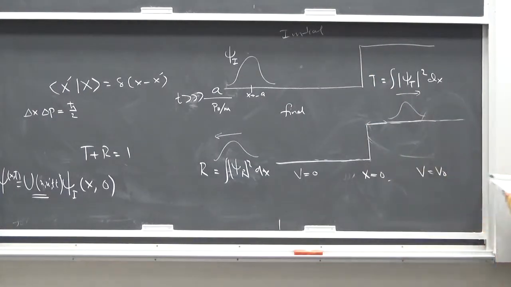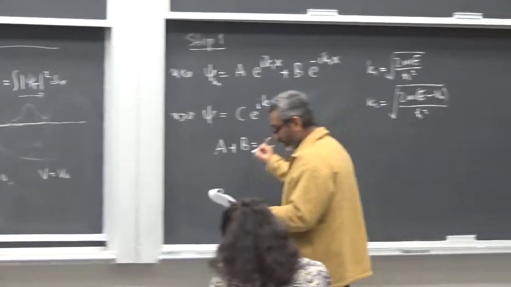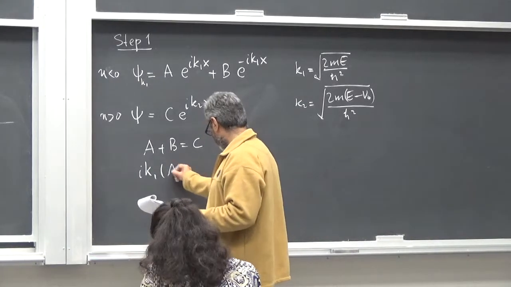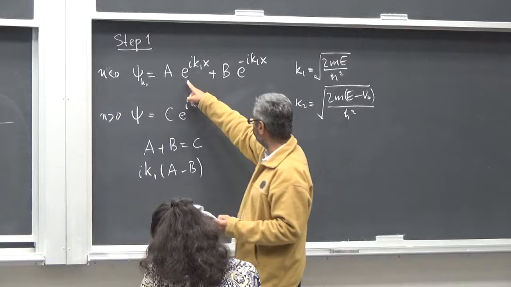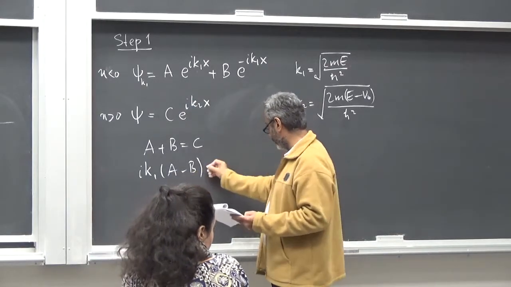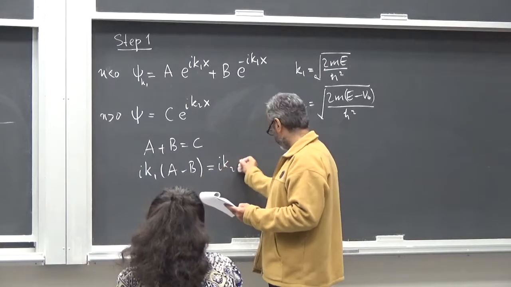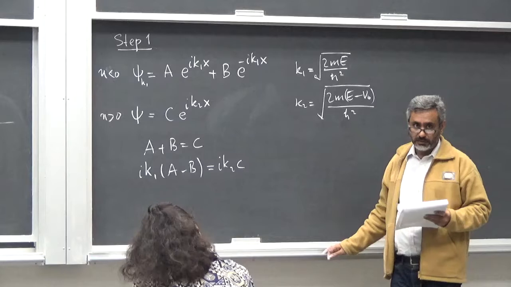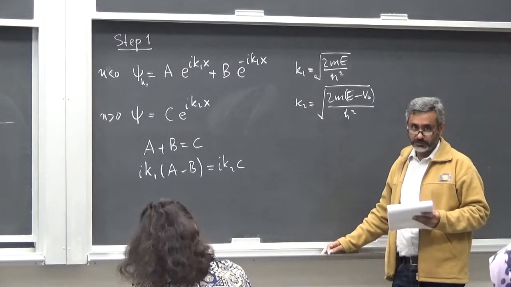And that gives you, and I'm just going to go through this very quickly, A plus B is equal to C, and you guys can do this on your own. For the derivative, ik comes out, minus ik comes out, so ik(A minus B) is ik2 C. Now you have two equations for three coefficients.